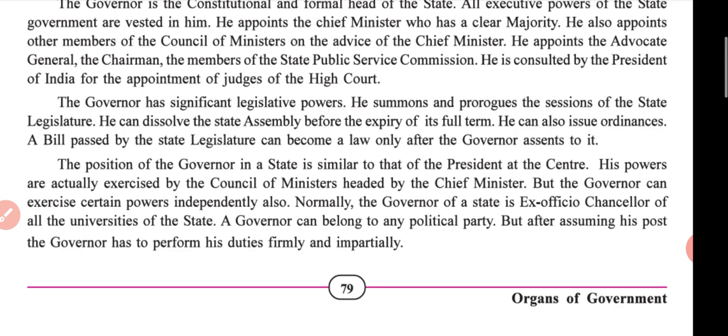That means if a person appointed as governor belongs to the BJP, after becoming a governor he works firmly and impartially. He shows no bias or prejudice to any party.